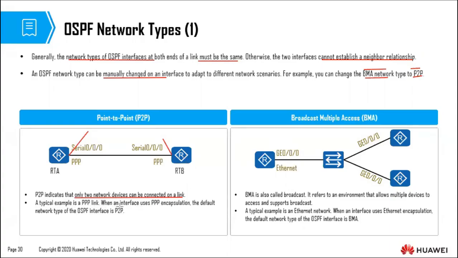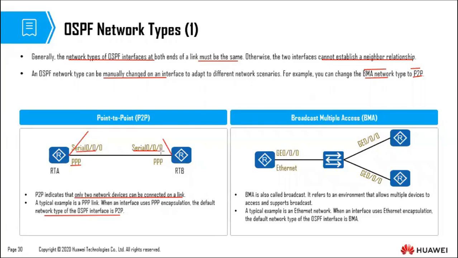Normally, when we use the point-to-point protocol for the data link layer or layer 2 encapsulation, then that particular OSPF network type by default results to P2P. And most of the time, we use PPP when we are also connecting via the serial interfaces. Are we together? Yeah.